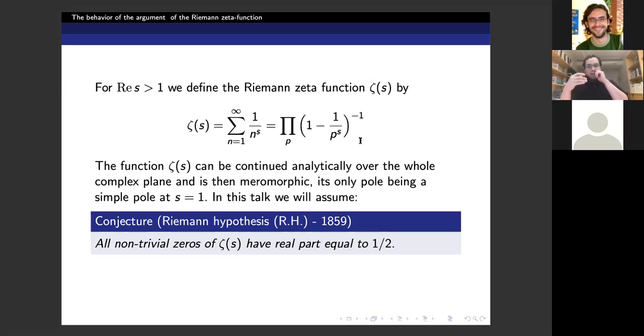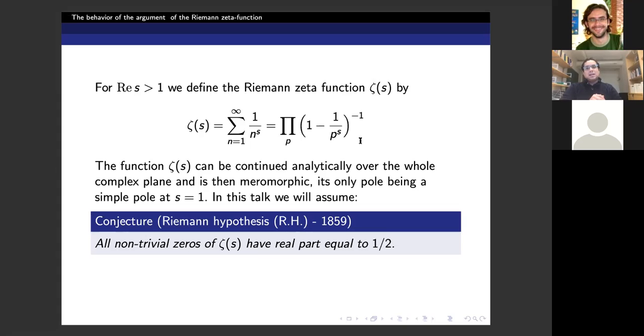Finally, we can extend this function as a meromorphic function over the whole complex plane with a pole at the point s equals 1. And one of the questions about this function is the zeros.